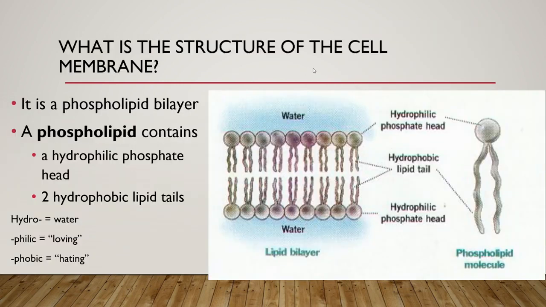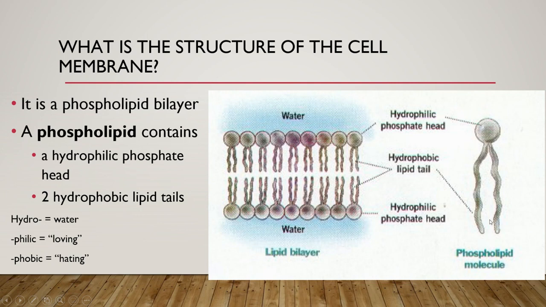the cell. It is important, as a high school biology student, to know what the structure of the cell membrane is. It is called the phospholipid bilayer because it's made up of phospholipids as well as two layers. A phospholipid will contain a hydrophilic phosphate head, hydrophilic meaning water loving, and two hydrophobic lipid tails.